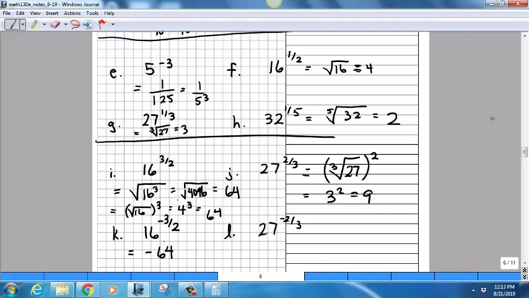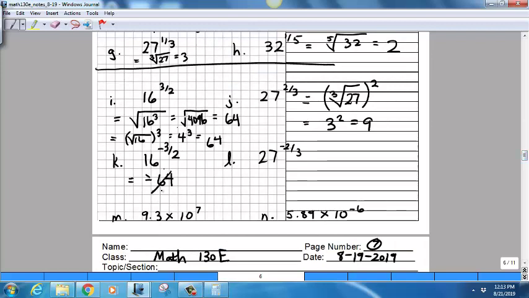So what is the effect of negative exponents? What is the key thing you have to remember when you see a negative exponent? A fraction, actually a reciprocal. Negative exponent means take the reciprocal. So what 16 to the minus 3/2 power really stands for is 1 over 16 to the 3/2 power.